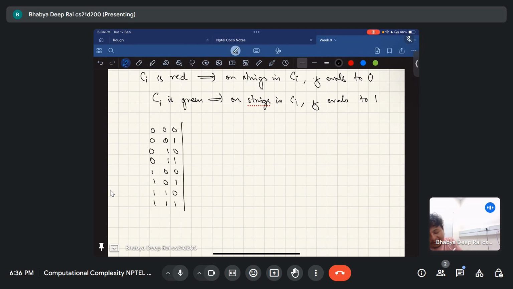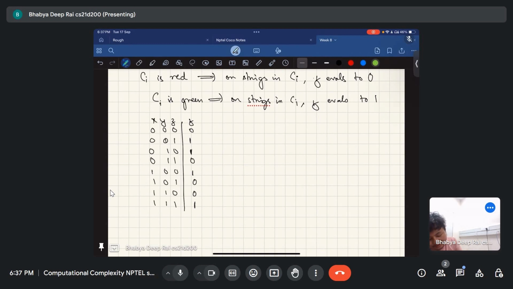So here are the inputs x, y, z, and a symmetric function f will look something like 0. Here it will evaluate to 1, here it will evaluate to 1, here it will evaluate to 0, 0, 0, 0, and here it will evaluate to 1. Look at the weight class. So this is the weight class which evaluates to green.